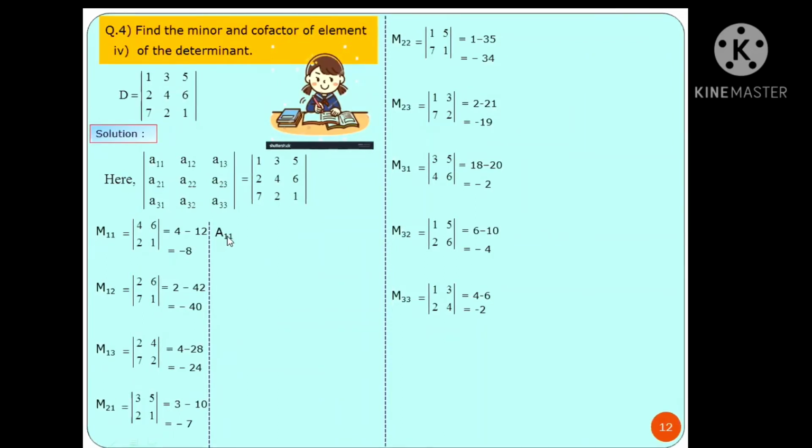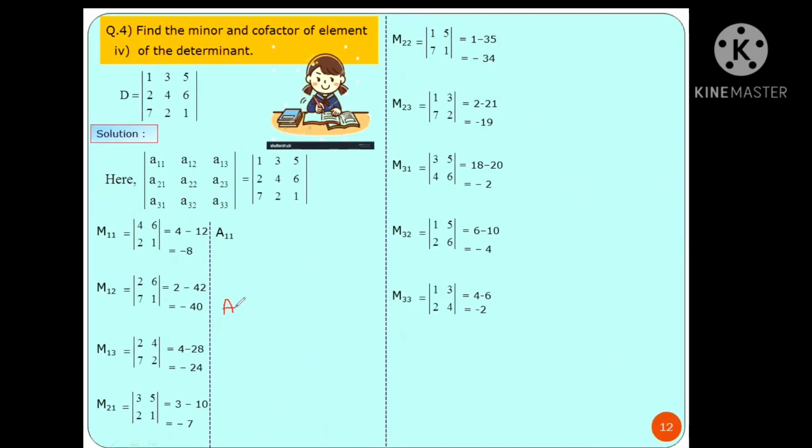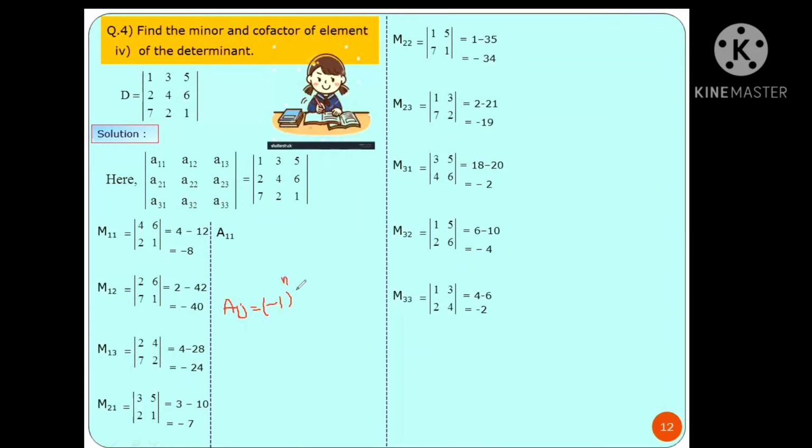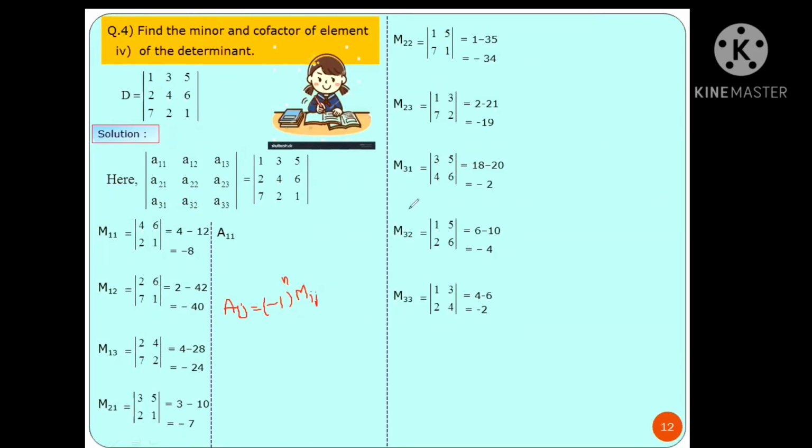First, the standard formula for cofactor of element Aij is obtained by minus 1 raised to power (i plus j) multiplied by the value of the corresponding minor Mij.